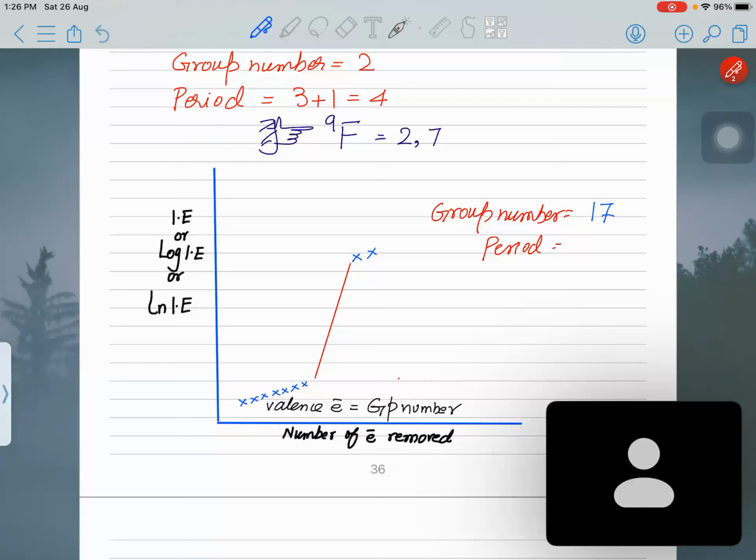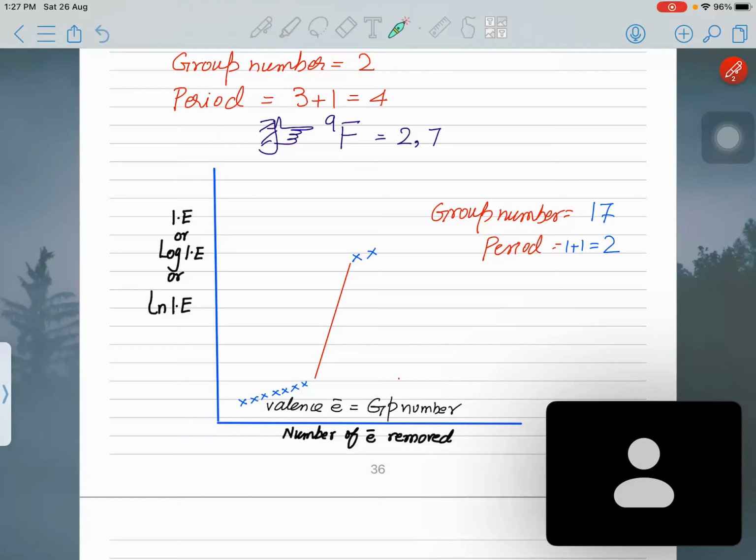Second period, 1 big jump plus 1, second. Wait, sir, how did you get the group number 17? Because you have 7 valence electrons. 7 or 17, both are the same.